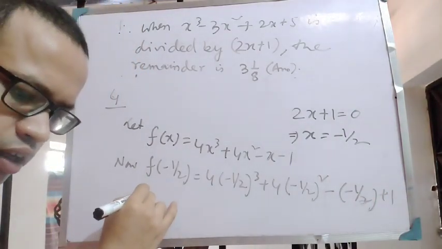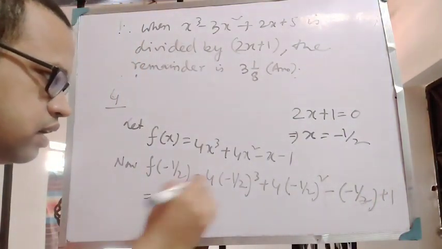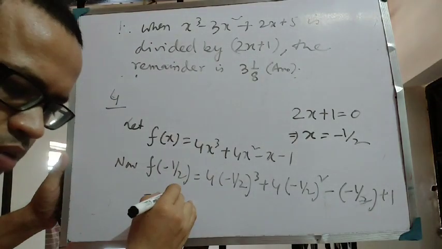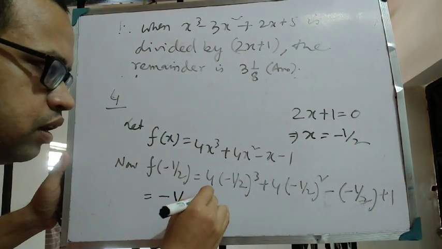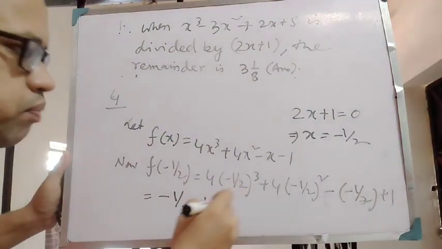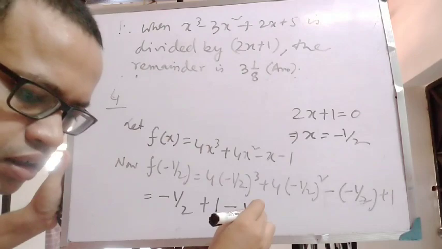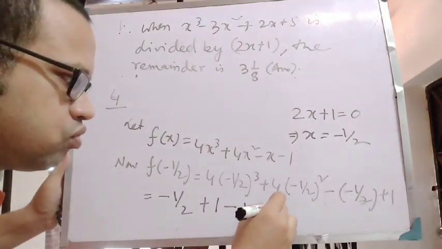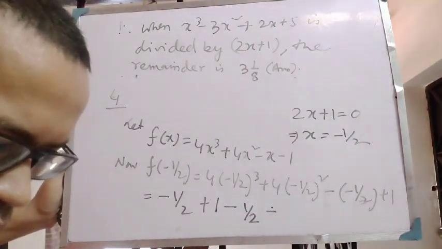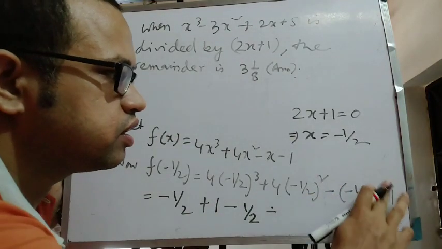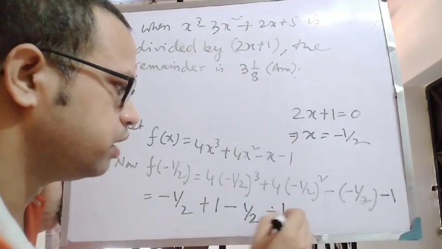After simplifying, you will get 4 into minus 1 by 8, that is minus half. Then 4 into 1 by 4, that is 1. It is minus half plus 1 plus half, and I wrote it wrongly, it is minus 1.